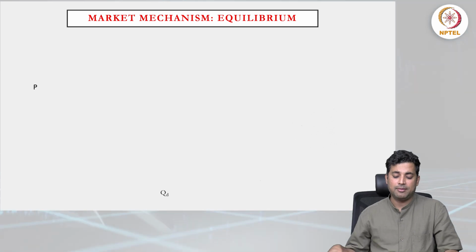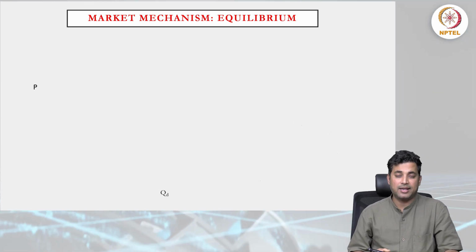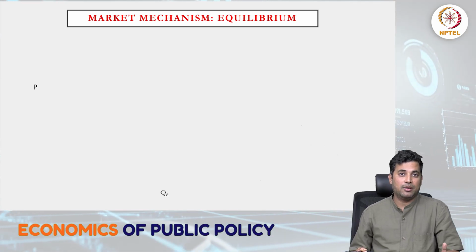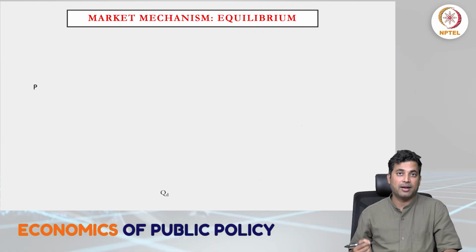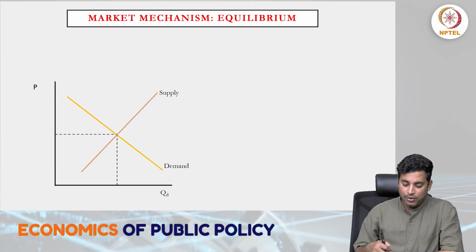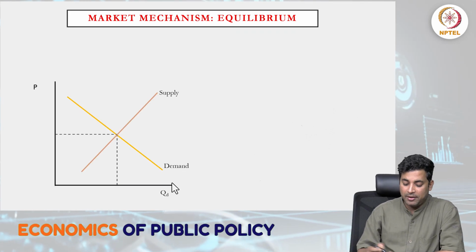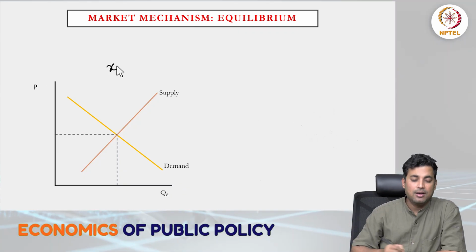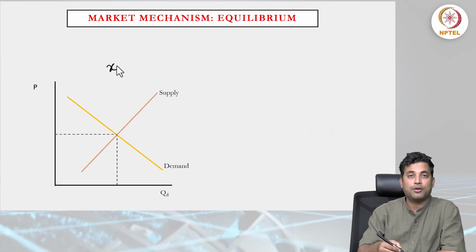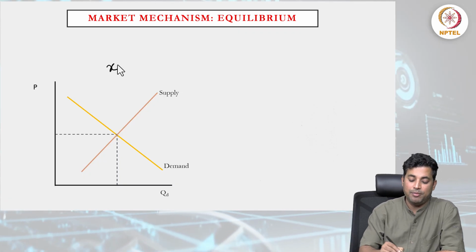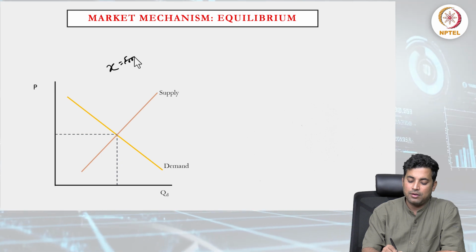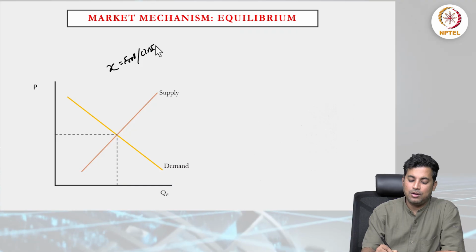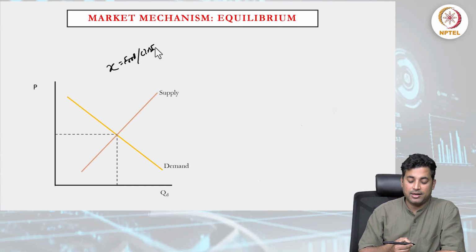Now, how does the market mechanism happen? Take any goods and services, and see how demand and supply interact. As we know, demand is downward sloping. Say this is a market for commodity X, and X could be anything, food or clothes or any other commodity that you can imagine.